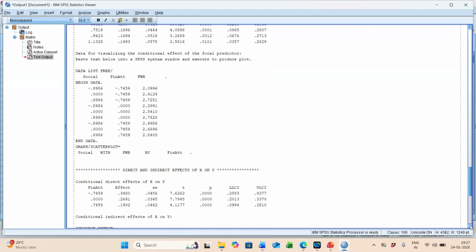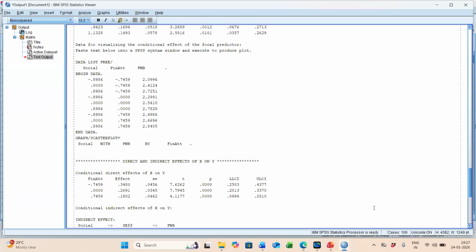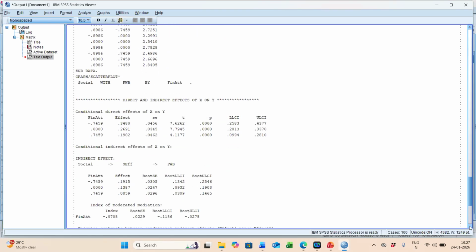This one is used for drawing the diagram. You have to see the conditional direct effects of x on y.